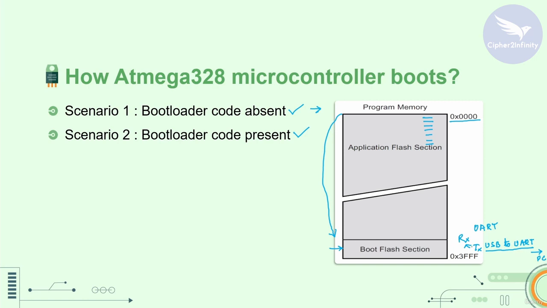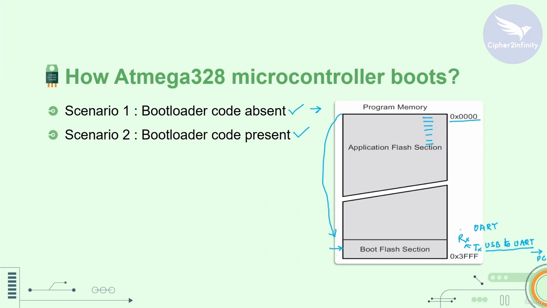Now when you are programming the code in the microcontroller, the code written inside this bootloader flash section is going to monitor the RX pin and check whether the predefined sequence of bytes is received or not.